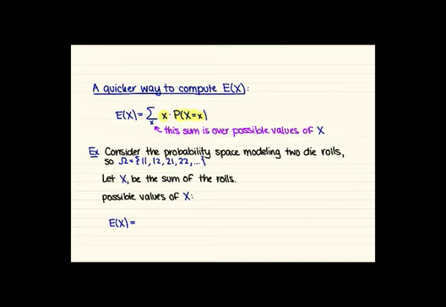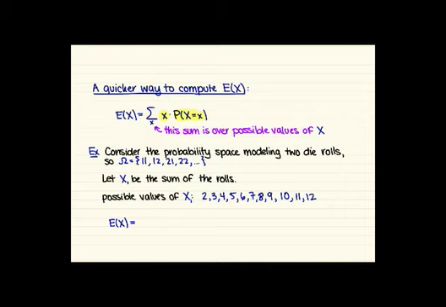So if we look at the probability space modeling 2 die rolls, once again, let x1 be the sum of the rolls. So looking at possible values for x1, we could have 2, 3, 4, 5, 6, and then up to 12, the biggest that we can get for the sum of the rolls.